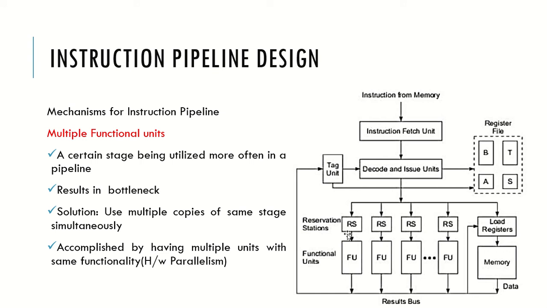Moving further, you can see something called a reservation station, which is available with the copies of functional units, which are under overuse in the case of a sequential computer. Okay, so all these functional units have their own reservation station, and all of them are connected to load registers and also to memory.